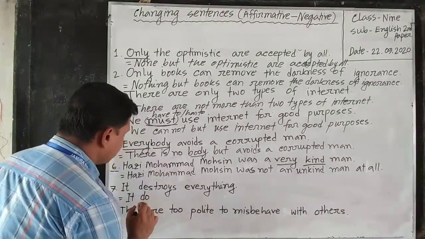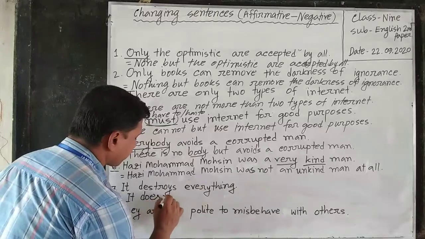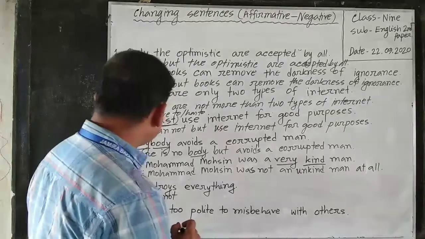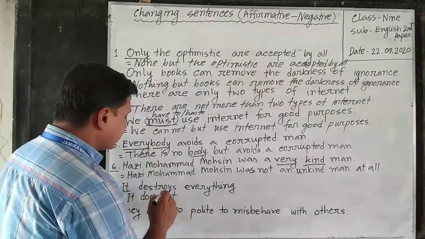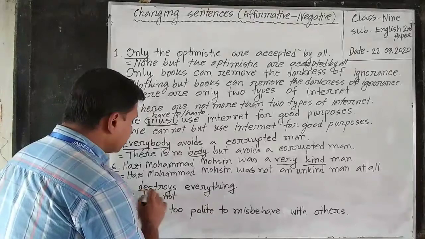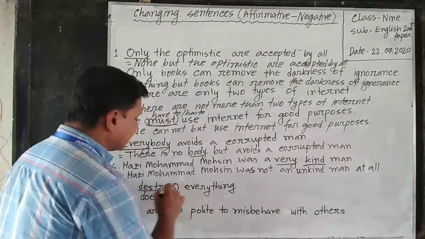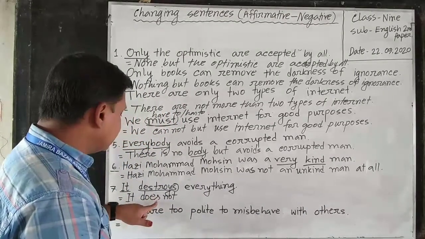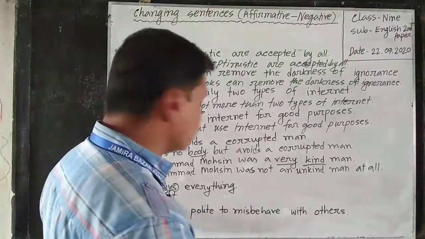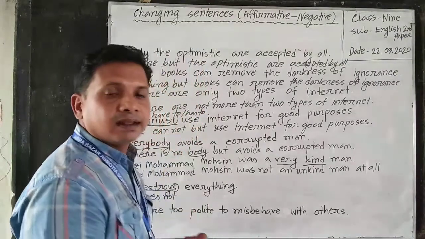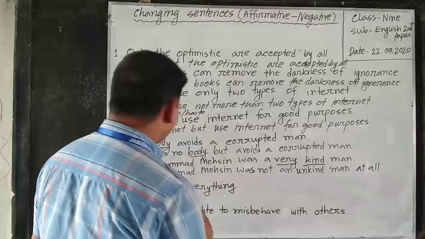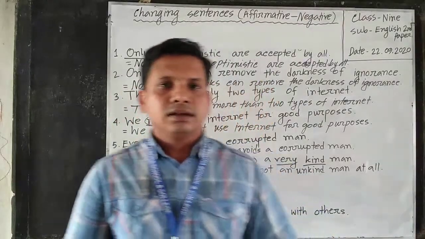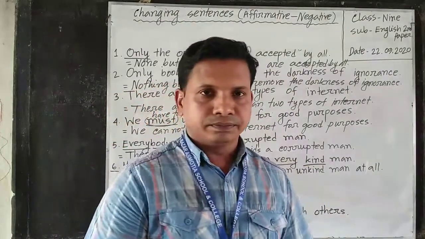It does not. Dear students, here the subject is a third person and the verb ends with s. So we will use es with the auxiliary verb do, and then we will write not, and then we have to change another thing, that is the keyword.